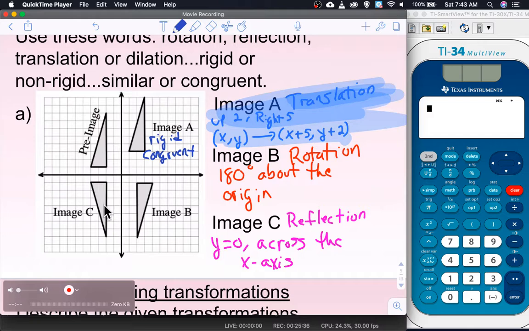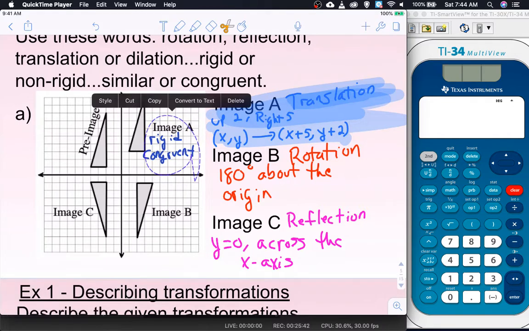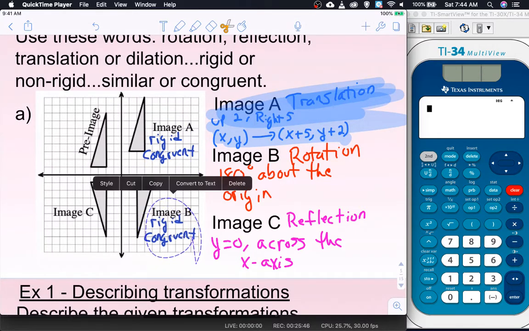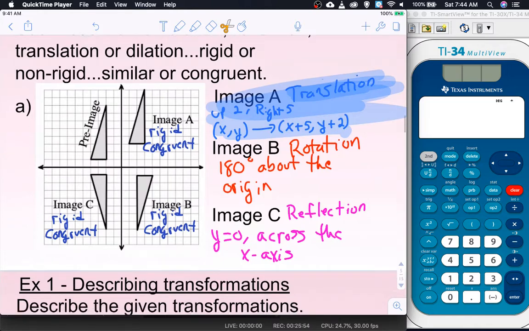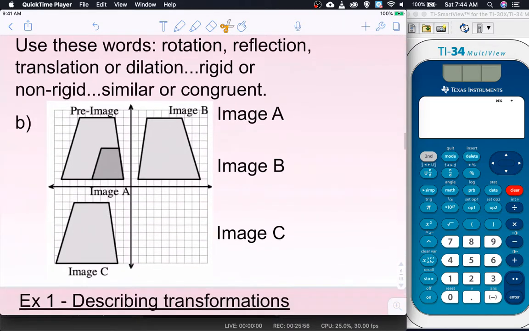In fact, all three of these are rigid, congruent transformations, because all three of them are the exact same size and shape. All right, now we can move on.